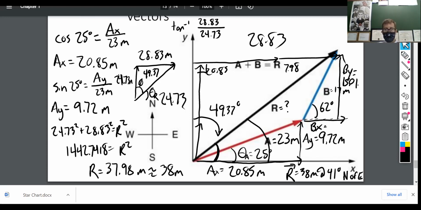If you have vectors that aren't perfectly aligned with x and y, you have to resolve them so you can add up the x's, add up the y's, put it back into a new right triangle, and you can use Pythagoras' theorem to solve for the magnitude, the hypotenuse, and you can use a trig function to solve for its angle.